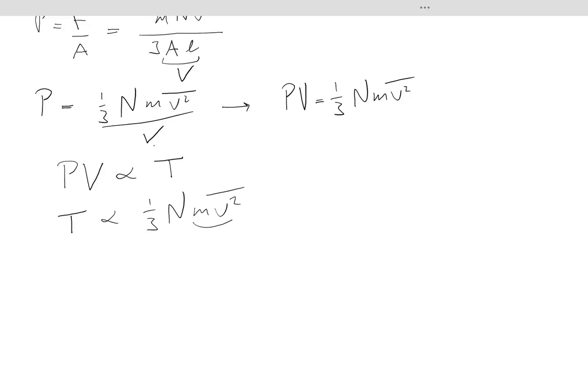And so we now have this relationship where temperature is proportional to the average, I'm going to write it with these square brackets, of the kinetic energy of the particles. So temperature is a statistic. It is the average kinetic energy of a group of particles.